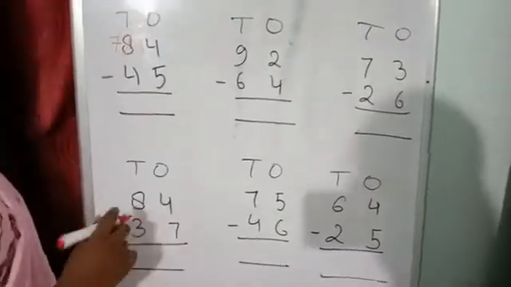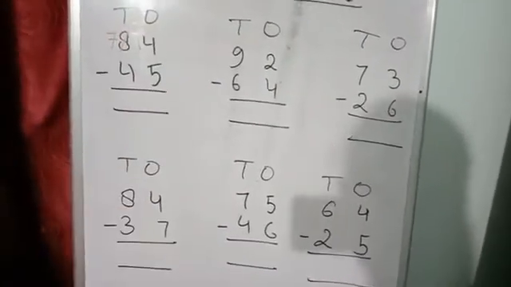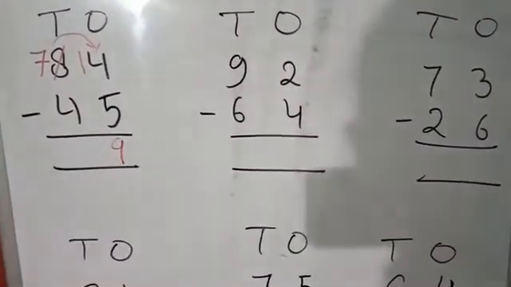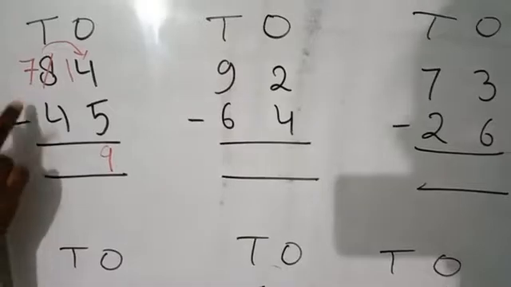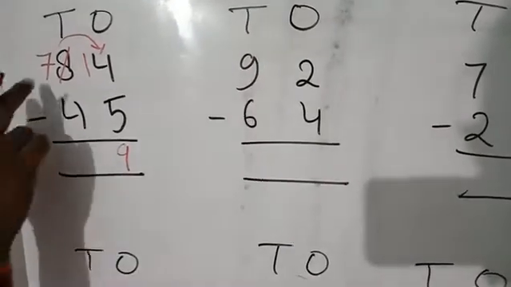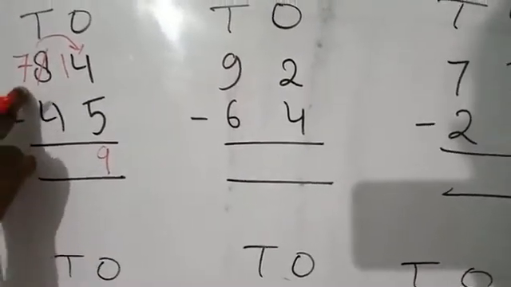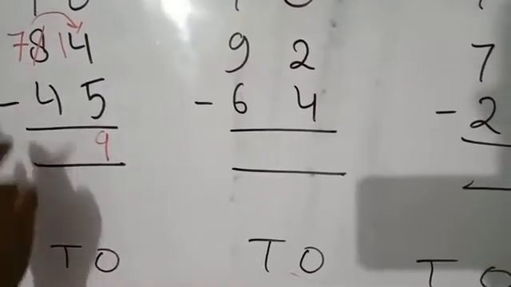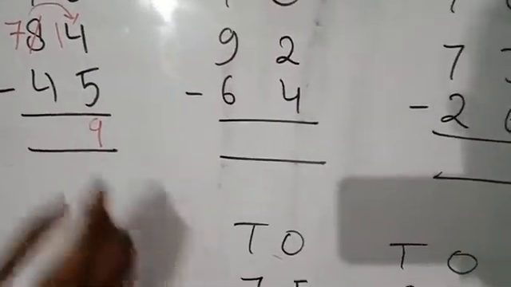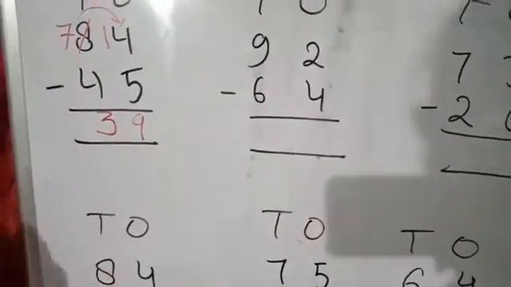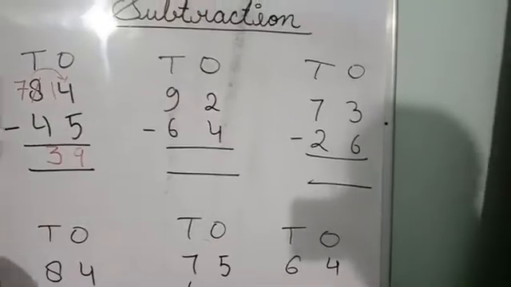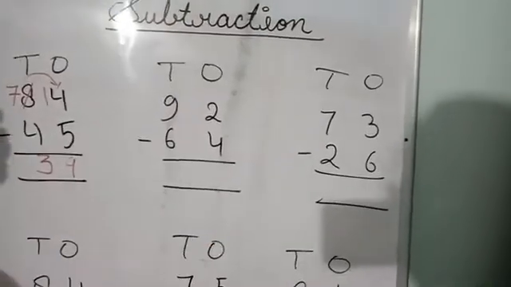Now subtract 14 minus 5, 9, and 7 minus 4. Now it has become 7, so we will subtract from 7. 7 minus 4, 3. Okay, like that you have to do the rest of the exercises, all the rest of the questions.